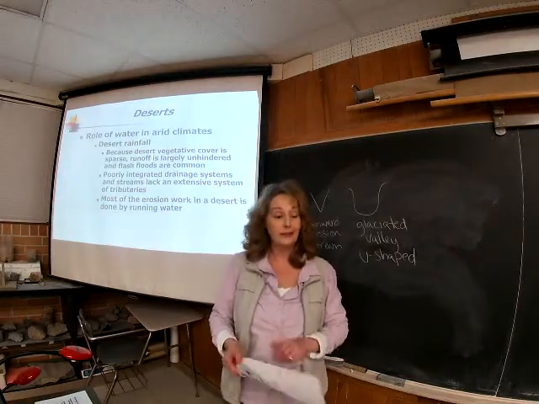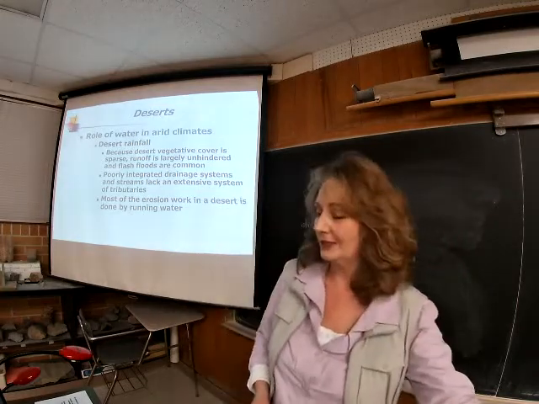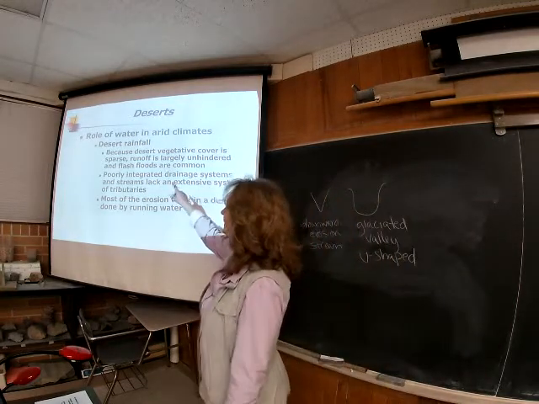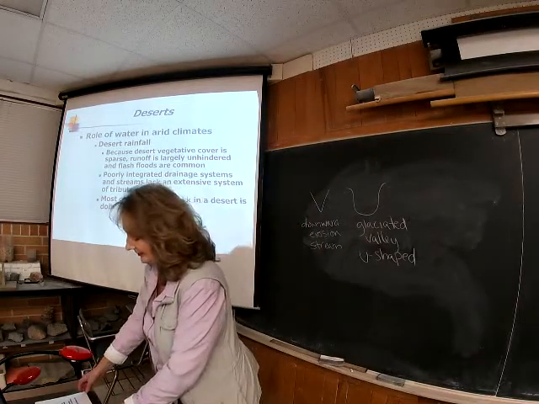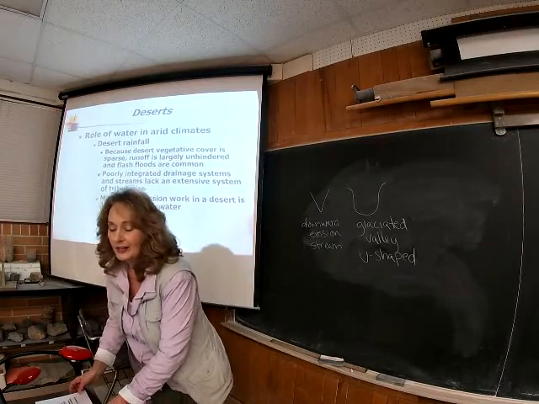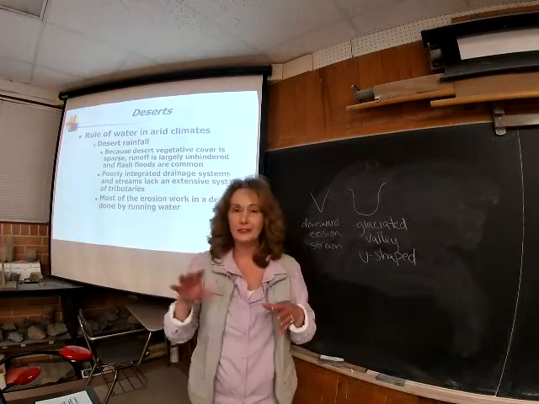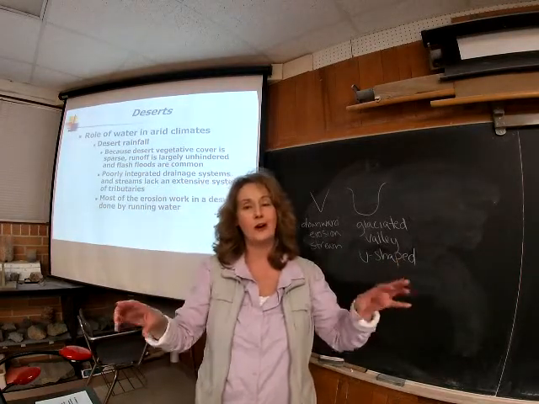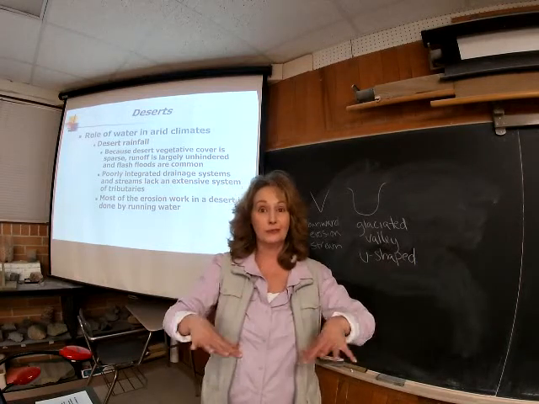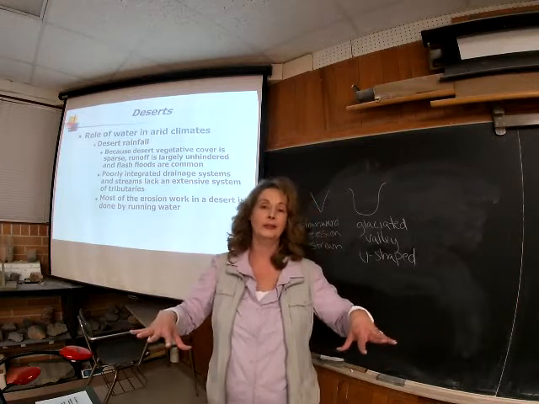But that rainfall is going to cause some erosion during that time. Problems that we see because of the flash flooding out in our deserts: any vegetation that we have is very sparse, spaced really far apart because the plants' root systems are really spread out beneath the earth's surface.